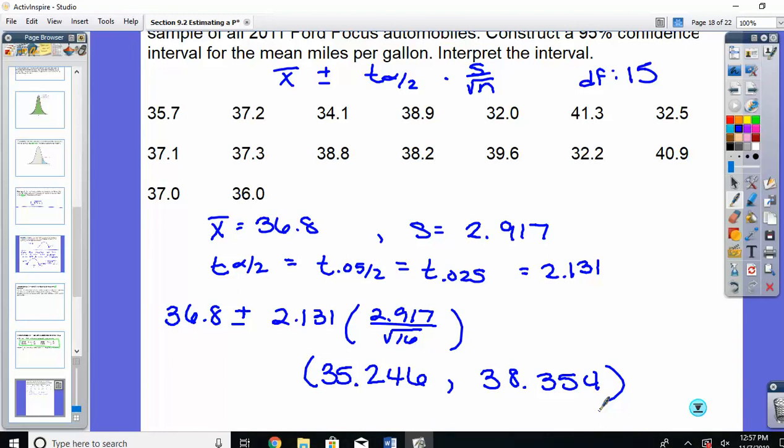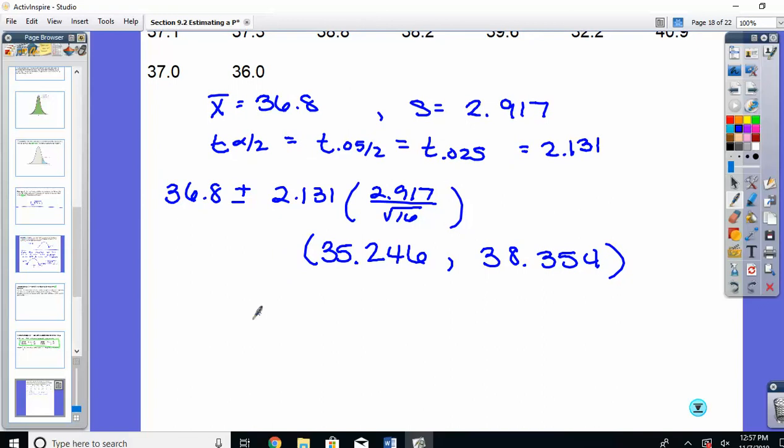So this is where work is really important. I need to know what you're using for your s. I need to see exactly how you're getting your calculations. Okay, the interpretation for this is just like when we interpret p hat.